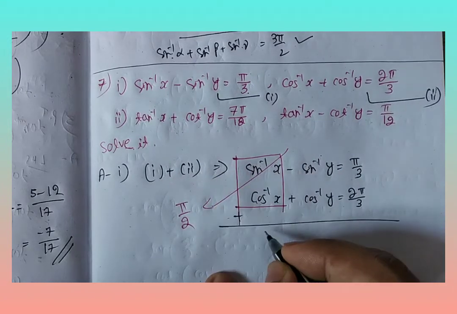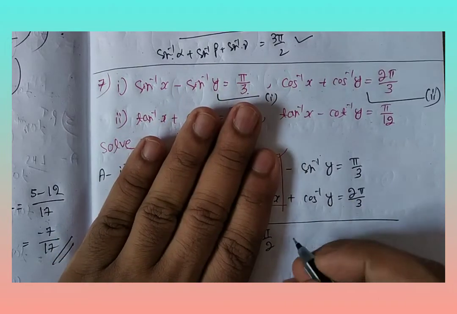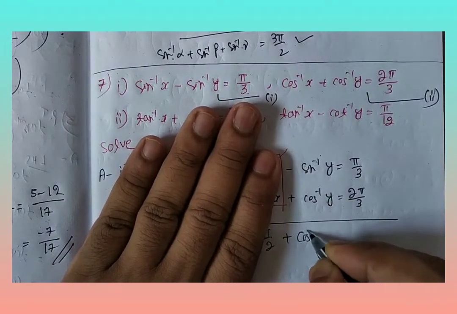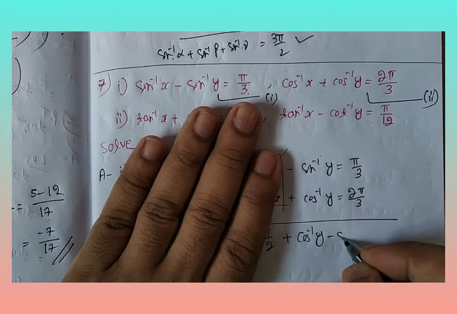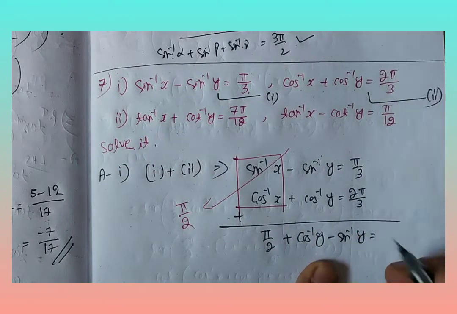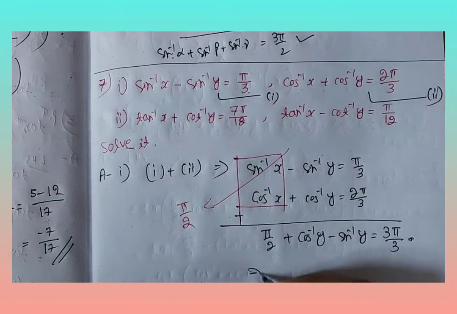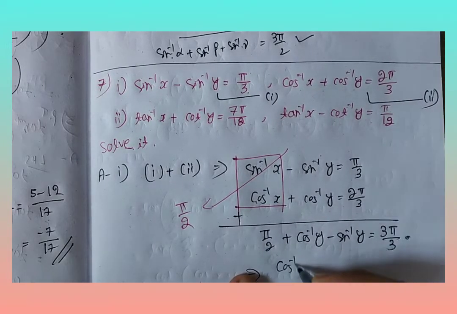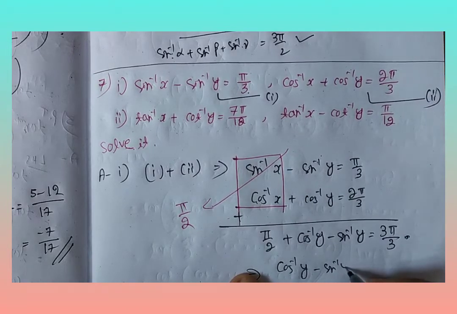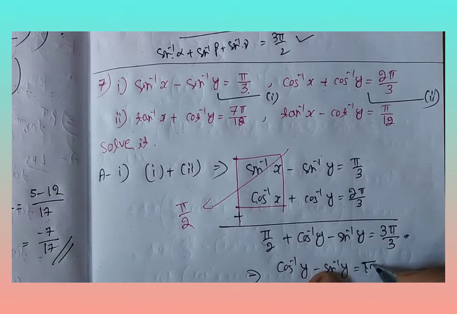If you add, you will get pi by 2 from the addition of the first terms, and the second term contains cos inverse y, and here the second term is minus sin inverse y, equal to pi by 3 plus 2 pi by 3, that is 3 pi by 3. Now cos inverse y minus sin inverse y is pi. Take this term to the other side.